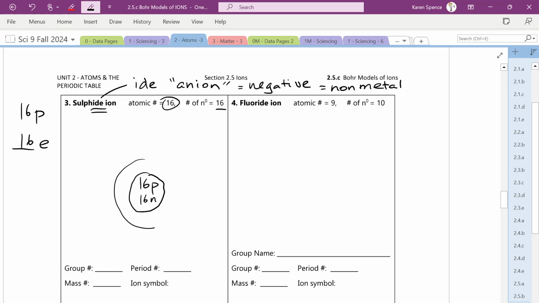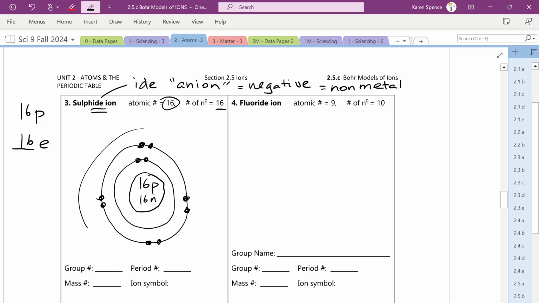So let's draw those. 1, 2, 3, 4, 5, 6, 7, 8, 9, 10, 11, 12, 13, 14, 15, 16.